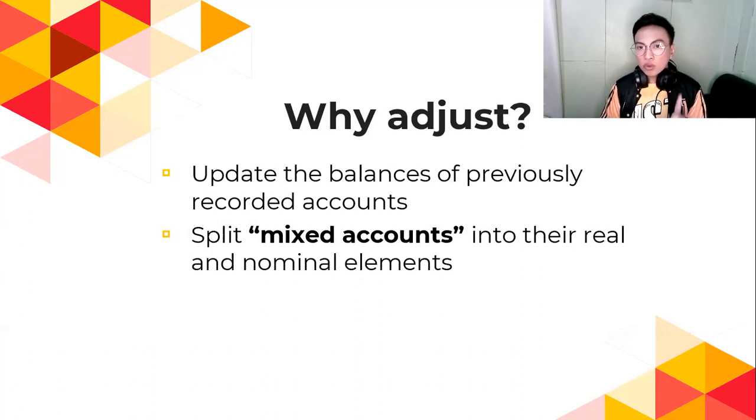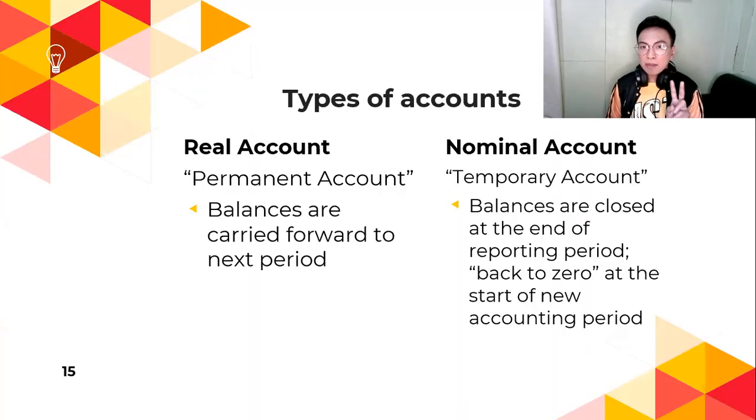Okay? Review lang tayo from your FABM 1. Yan. We have two types of accounts, the real account and the nominal account. What are the difference between the two? First, for real account, we call them permanent accounts because their balances are carried forward next period. So ano tong dalawang to?